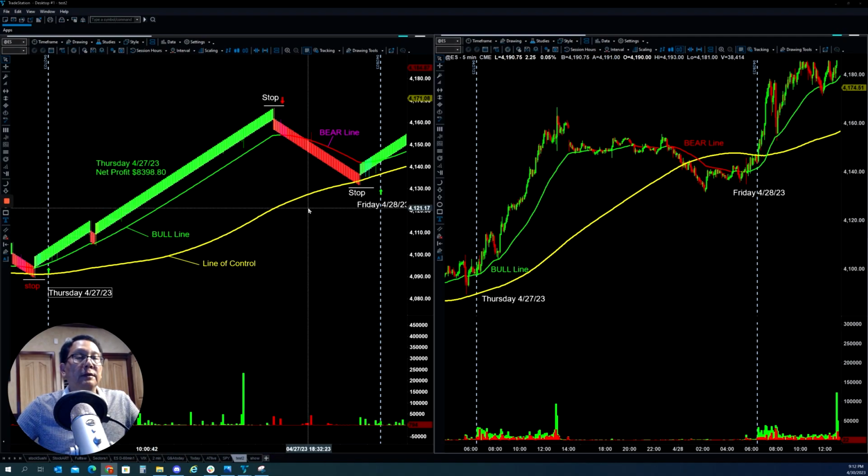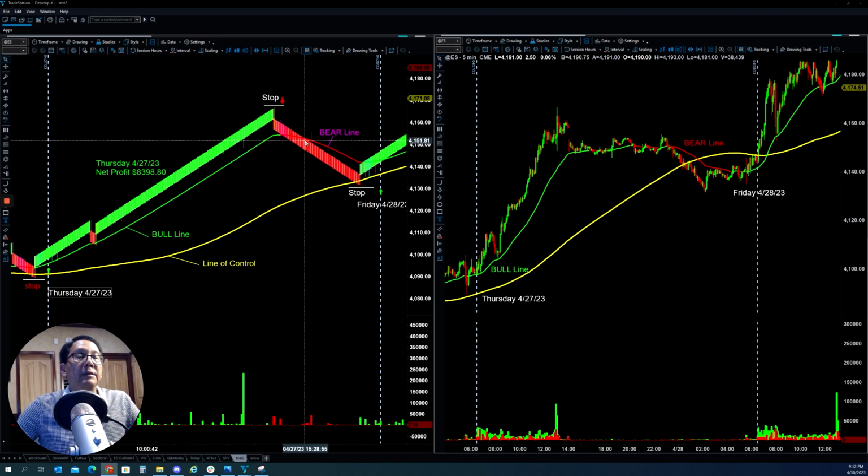The live control is the line that we designed so that when the price stays above the live control, it means that the overall trend is an uptrend. So you focus on buying on the dip and going long rather than focusing on the short side of the market. And we have another line called the bull line. When the bull line turns green and is below the price, it means that the short term trend is up.